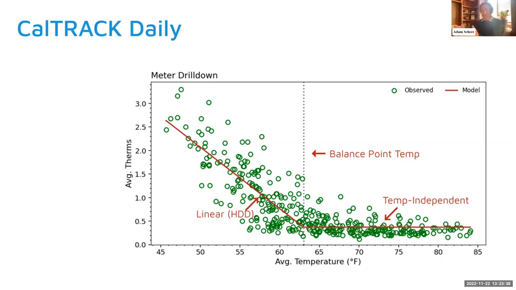So it's basically a piecewise model where we have a temperature independent region, a balance point temperature that is identified in the optimization process of the model, and then a linear region, and this HDD is a heating degree day. I'll talk a little bit more about what exactly that is. So these are the components of the Caltrack Daily model.